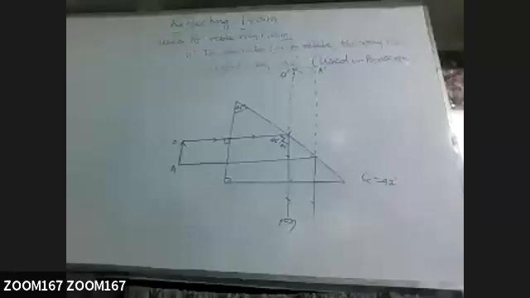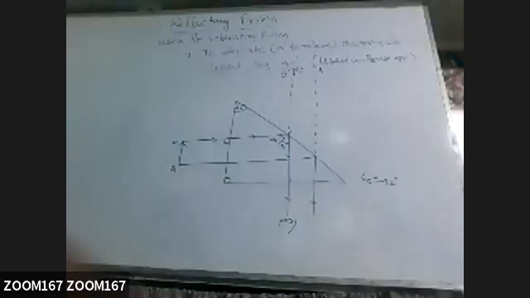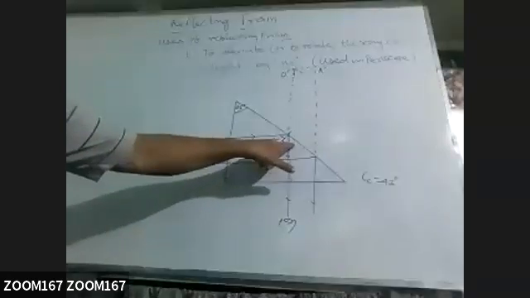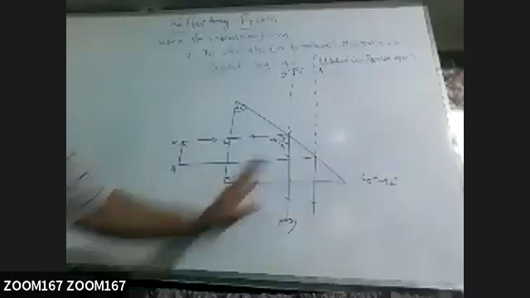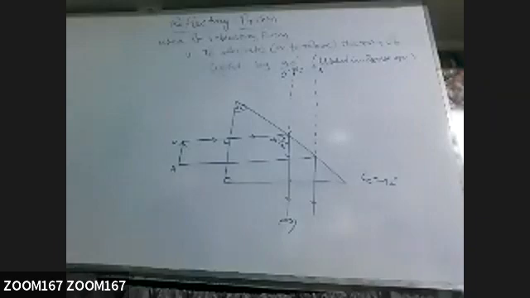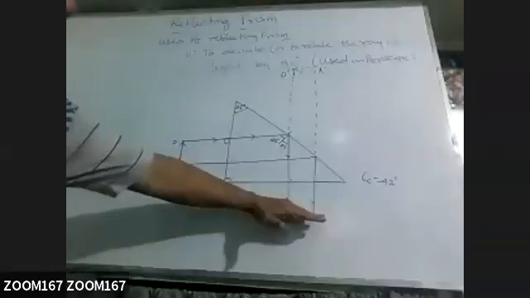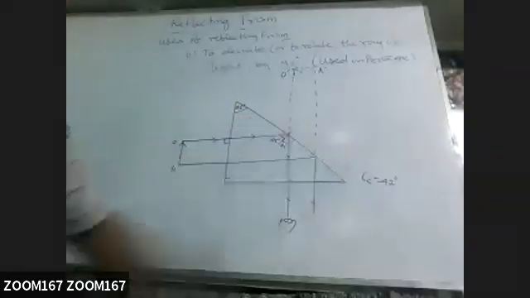So this angle becomes more than the critical angle, so total internal reflection will take place. This is 45, this is 45, naturally. So here it will become 90. Angle of incidence 0, so it will go undeviated. So when we see from this surface, it will appear like a mirror.